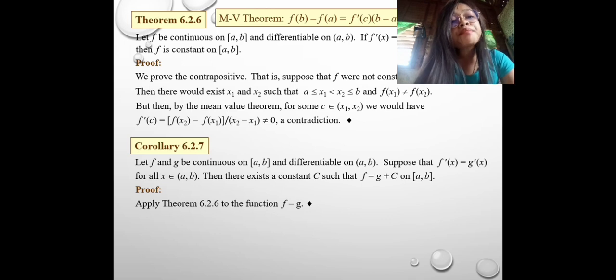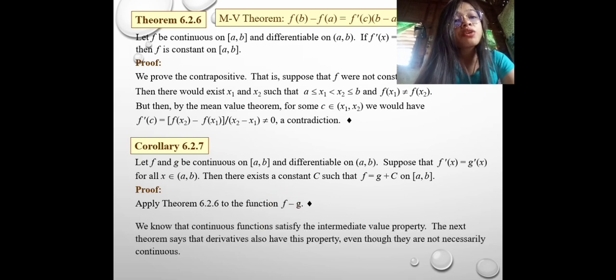Proof. Apply Theorem 6.2.6 to the function f minus g.